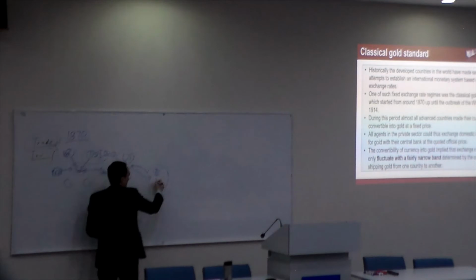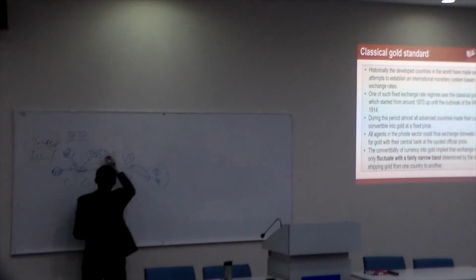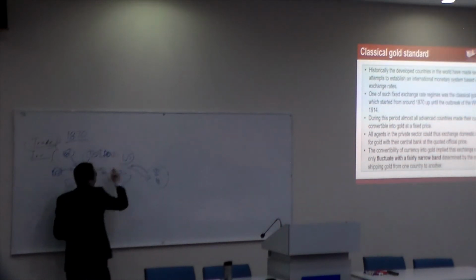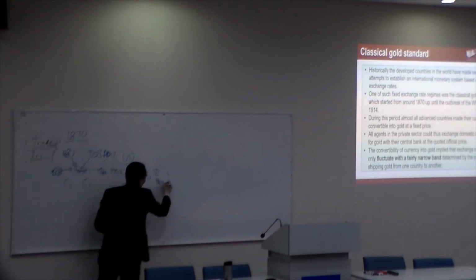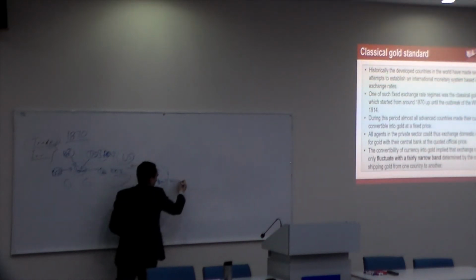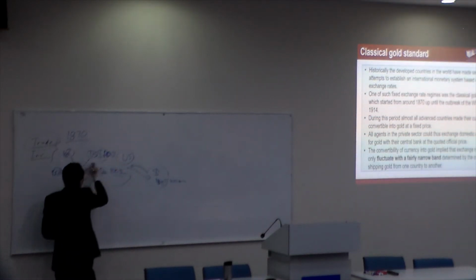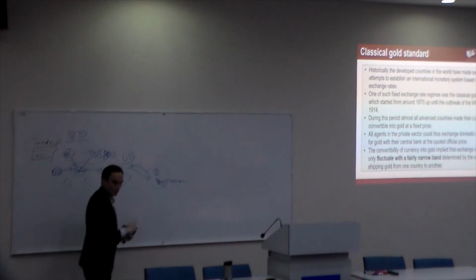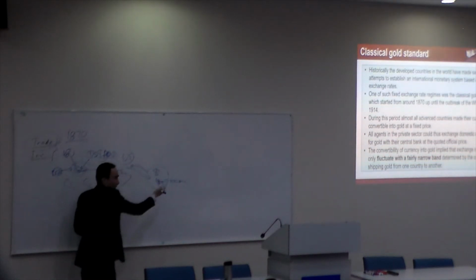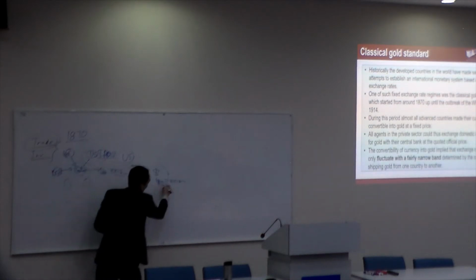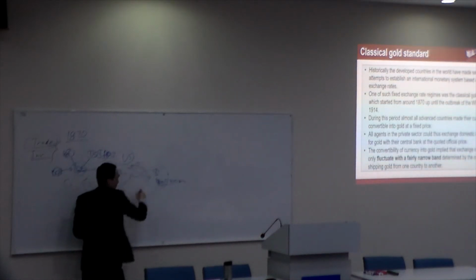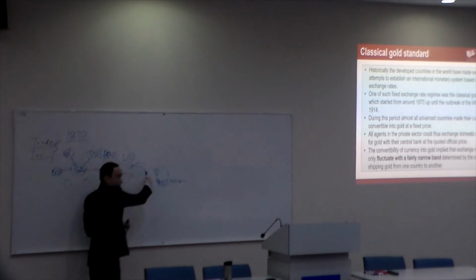Here, 1 kilogram of gold, let's make it $10. 1 kilogram of gold in Uzbekistan is 100 soon, and 1 kilogram of gold in the United States is $10. They bring it and take it back. But even though that's the case, there is some cost incurred in between.